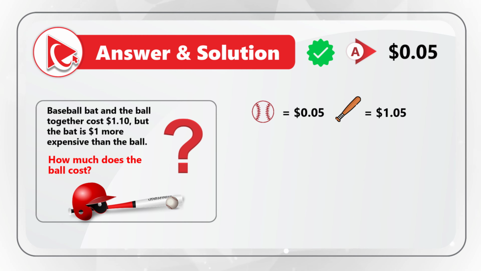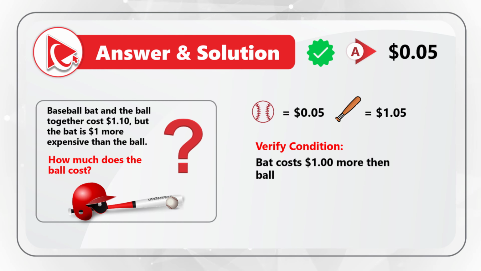Let's verify the main condition of this problem. Bat costs $1 more than a ball, which is correct. 5 cents plus $1.05 equals $1.10. And if we subtract $1.05 minus 5 cents, it would be equal to $1. So the correct answer here is choice A. Cost of the ball is 5 cents.